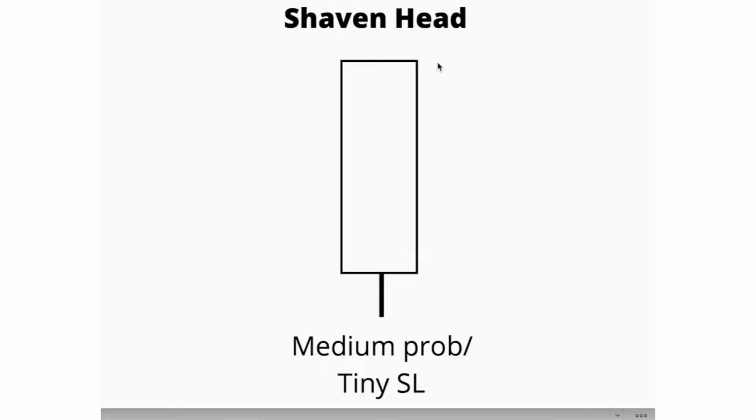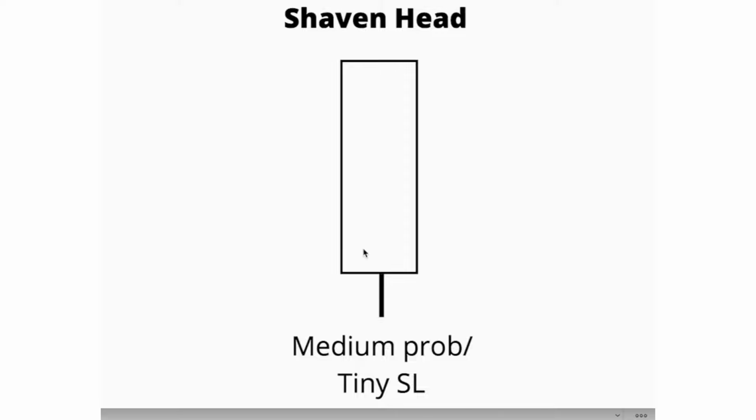If it doesn't immediately start to move down and starts to move up instead, we know that we're probably wrong on the trade. And we can get out super fast for very small risk in terms of pips. If this was an hourly chart, again, somewhere around 10 pips or less, slightly less even. If it's a 5-minute chart, you could probably get away with just a few pips, maybe 5.